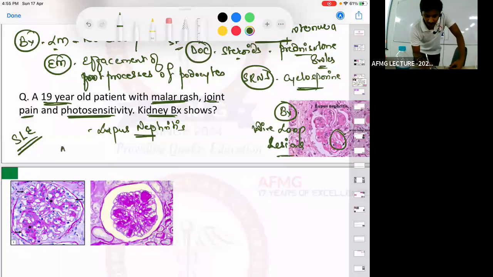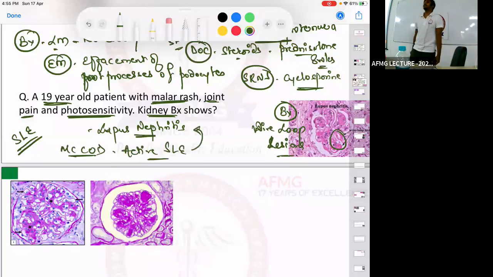Active means the disease is progressing. The answer should be lupus nephritis or renal failure. Okay, most common cause of death in active SLE.